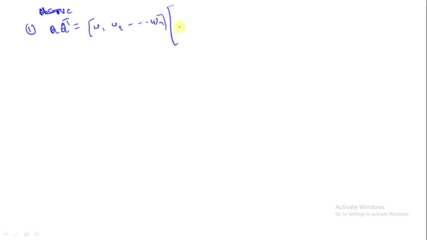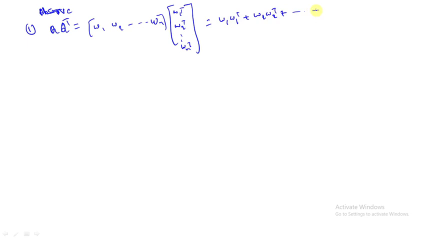Q transpose has rows W1 transpose, W2 transpose, and so on up to Wn transpose. If you multiply these, we get W1 W1 transpose plus W2 W2 transpose, and so on, plus Wn Wn transpose. Here Q is a square matrix, an orthogonal matrix, and orthogonal means Q transpose Q is also the identity, In.